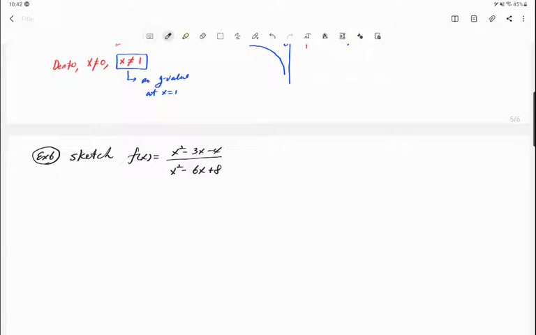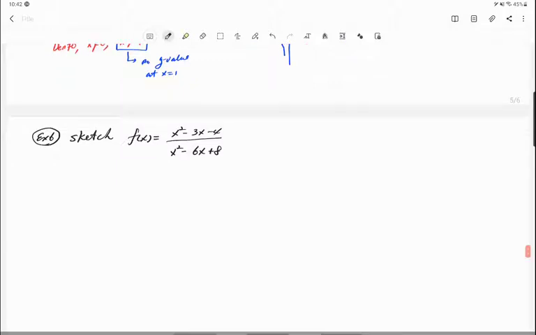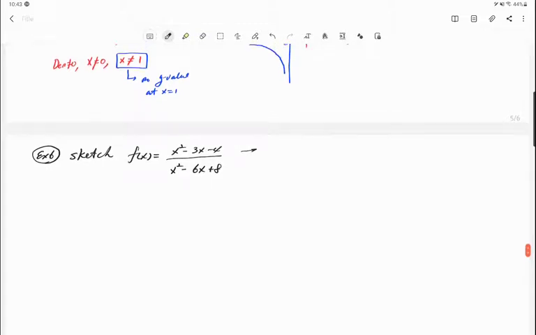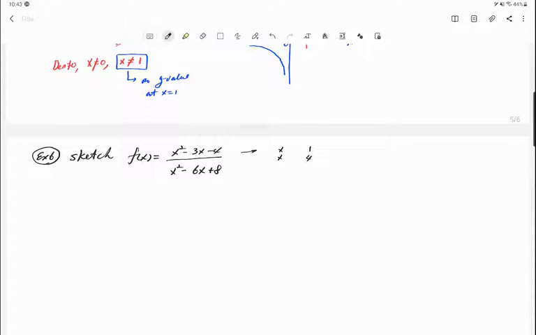All right, so let's sketch this function. We can factor the numerator and denominator, and if there are same terms, common factors, we can reduce it. So this is x times x, the 1 times 4, and the minus sign goes here, right? So this product is negative 4x, so the sum is negative 3x, which is the same as the term in the middle.